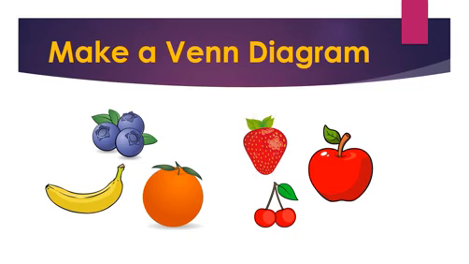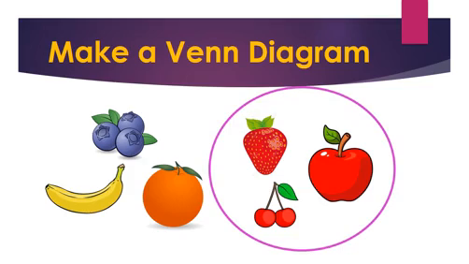This time I want you to help me to group the fruits that have the same color. Can you do it for me? Which group of fruits has the same color? Correct. The strawberries, the apple, and the cherries have the same color.